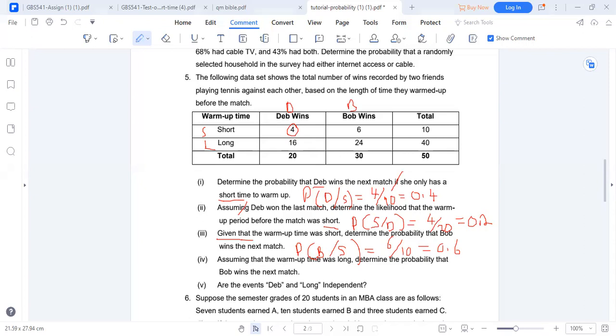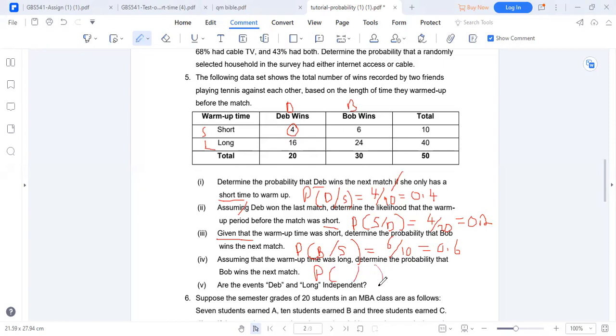Yes, Josh. So the long one would be the one that is down. Then given that Bob wins, so it will be 24 over 40. All right. Can I also try? Okay. So we're looking at 4.